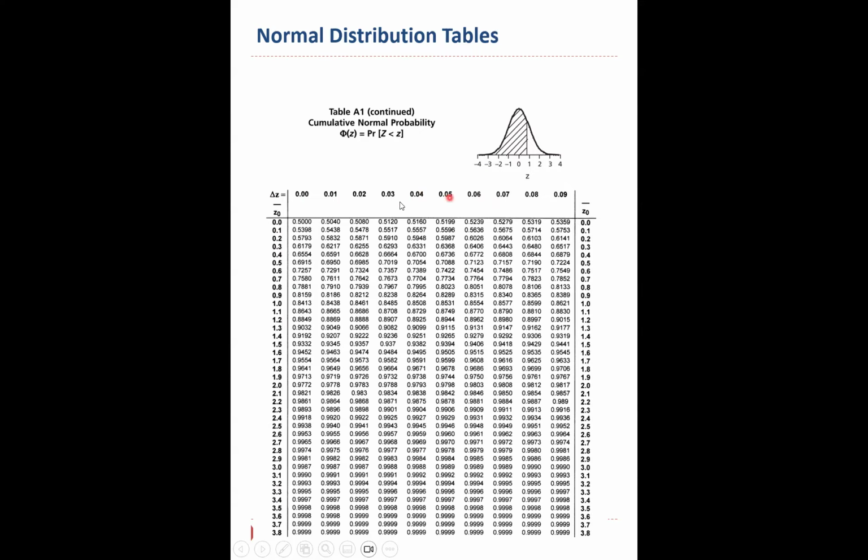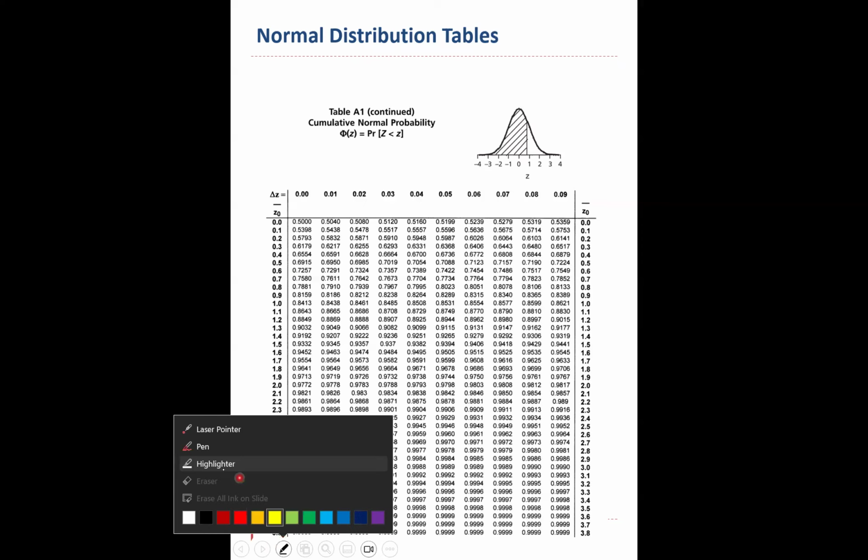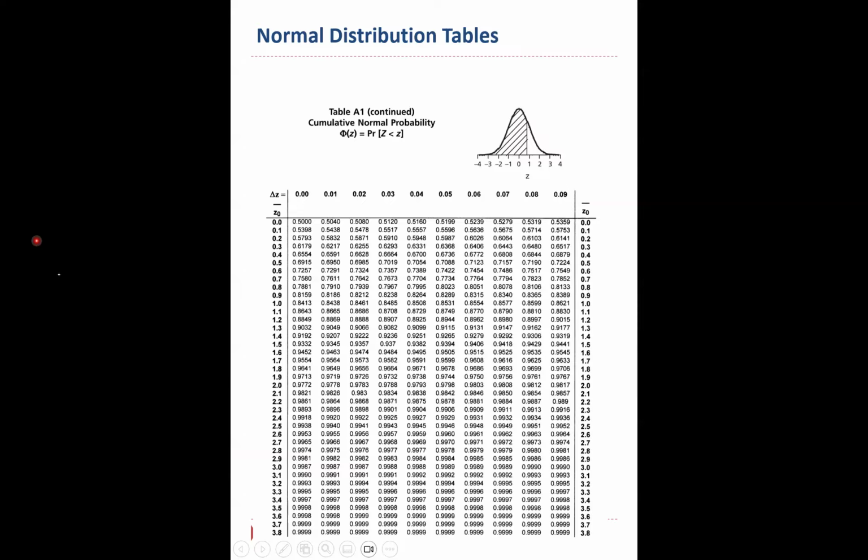So for example, if I'm interested in a probability value, say phi of 0.54.